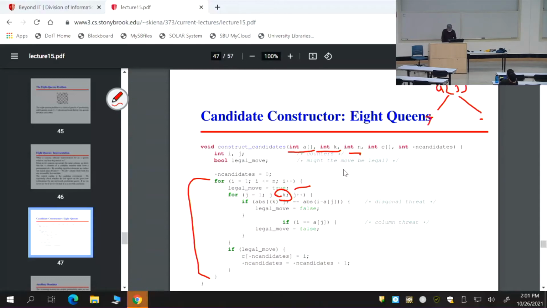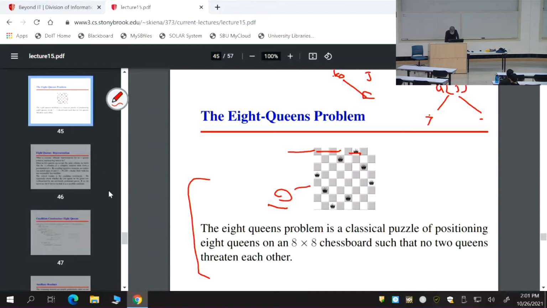Well, it will attack me diagonally if the difference of the rows, the difference between j and k, I mean the column, the jth column, and the queen that's in the kth column, if my queen is positioned j positions from me, again, notice what is the threat condition? When is there a diagonal threat? Maybe it's easier to go back to look at the example again.